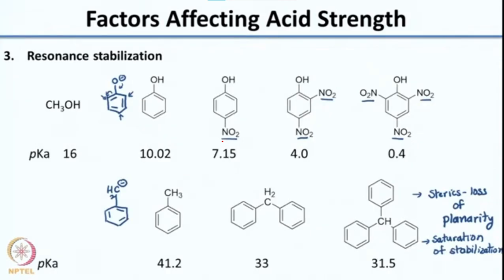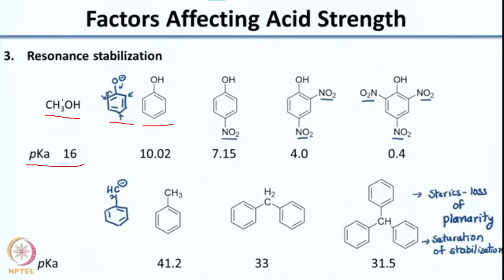Now the third factor is resonance stabilization. So what is resonance stabilization? Suppose we have our molecule methanol here, and then phenol, where we have an aromatic ring. In methanol, there is no conjugation or pi bond present. That's why it shows a pK value of around 16, not the exact one but around 16.